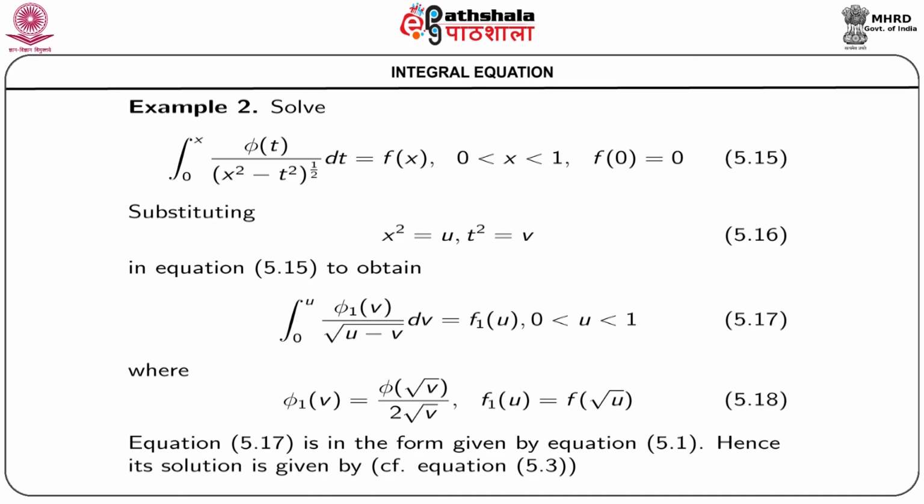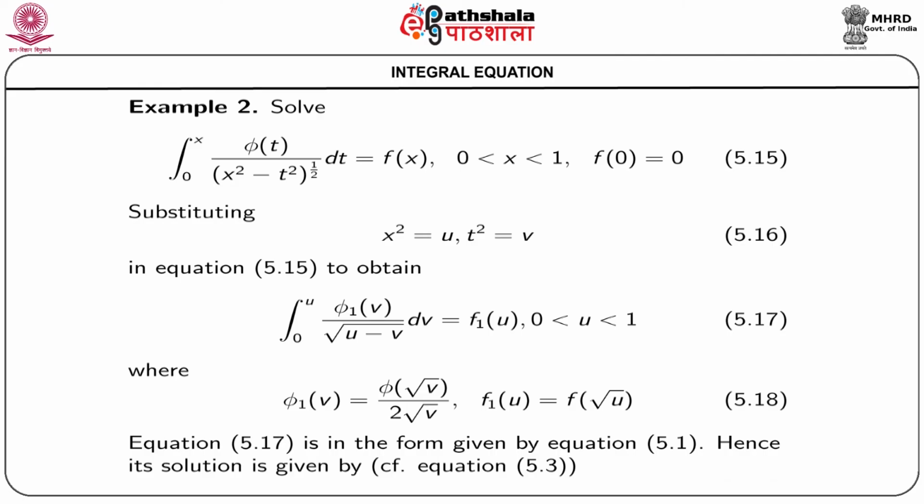In example 2, we solve the Abel integral equation where the kernel is 1 by root over (x square minus t square) as given in equation 5.15.